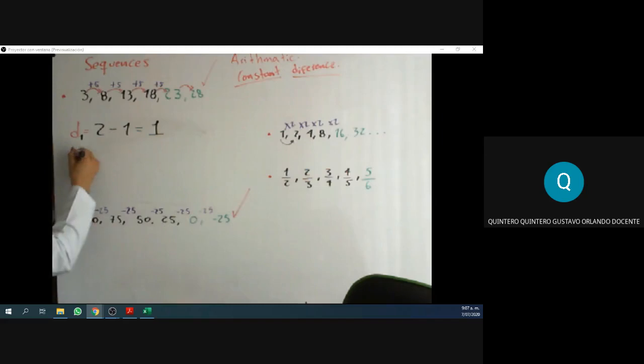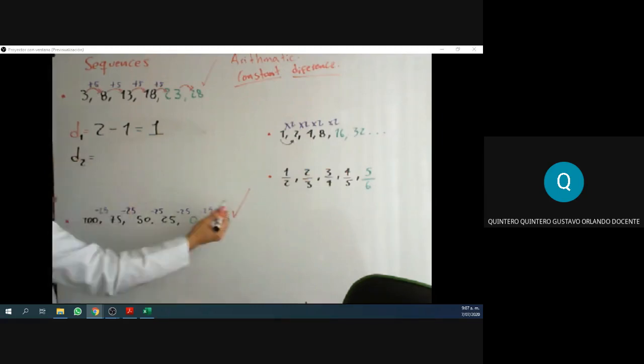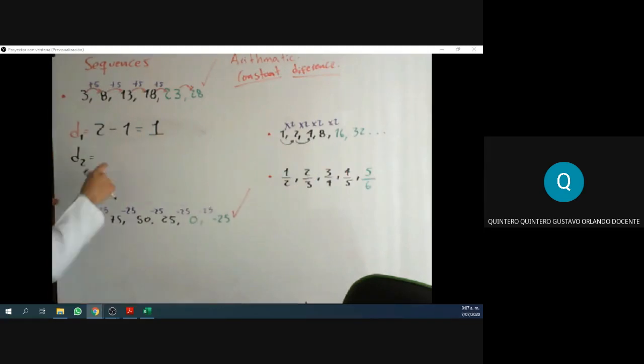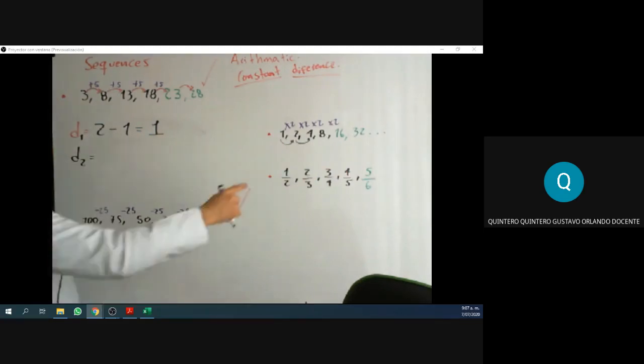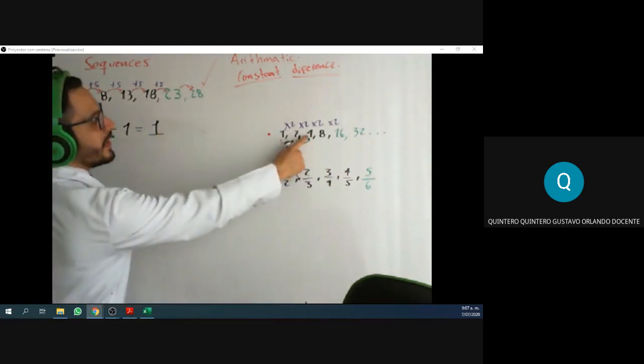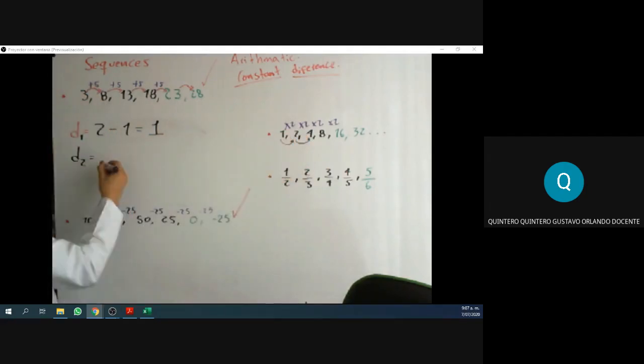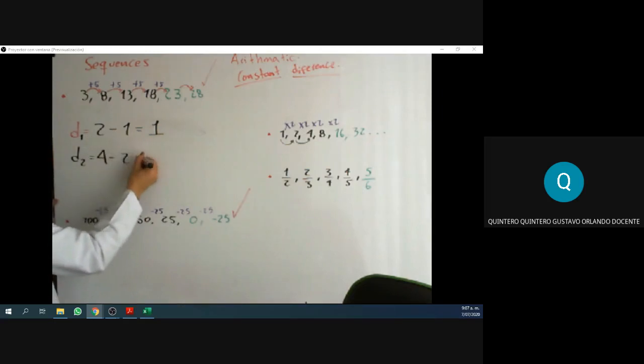Okay, let's find the difference 2. So the second difference, I'm now thinking about this second difference. Is that the same? To find the difference, take the number and then subtract it to the one previous. So that is 4 minus 2. And the difference here is 2.